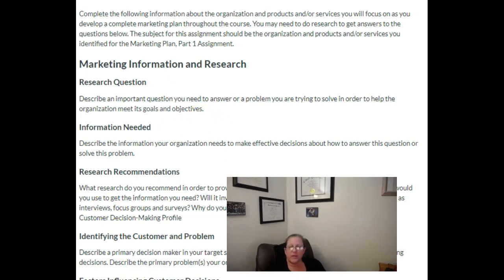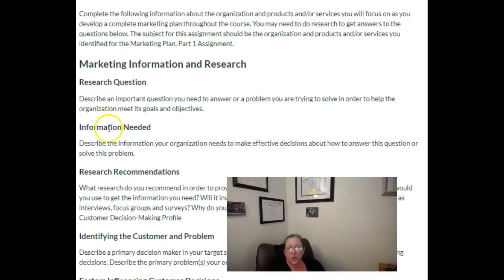The subject of the assignment should be the organization and the products or the services that you identified for the marketing plan in the Part 1 assignment, which was completed in week 2. And so you'll be completing the second part of your marketing plan template for this assignment.